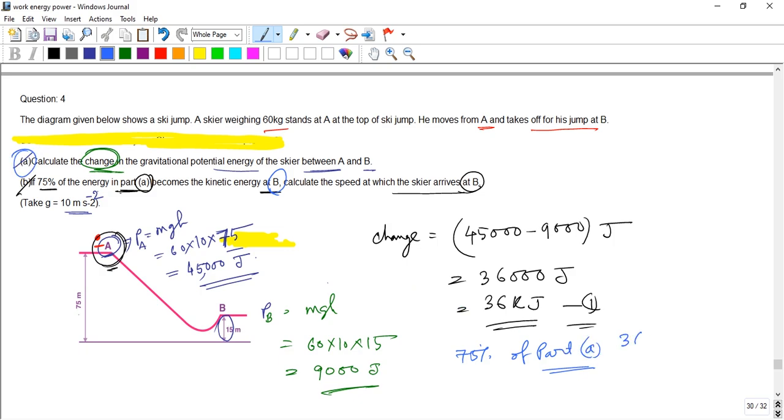So 36 times 75 over 100, in kilojoule, that is 10 to the power 3 also. So 36 times 75.